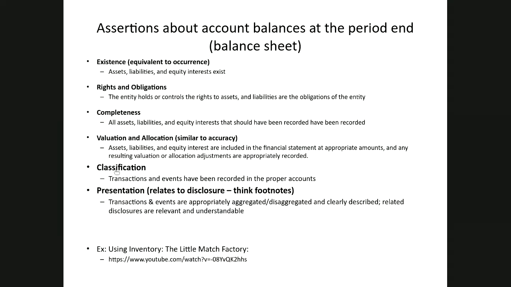For presentation, the presentation assertion is all about things being disclosed appropriately. So things should be properly aggregated or disaggregated in the footnotes. They should be clearly described, and the footnote disclosures should be clearly understandable. When I say understandable, they should also be transparent.